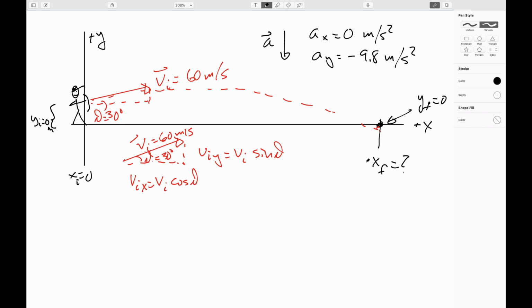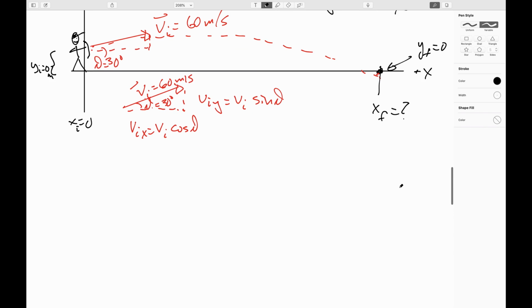So since we're asking for x final, it would probably be reasonable to just start our problem in the land of x and assume that that will take us there. It won't be quite good enough. But if we look at this, we can say, well, we know v initial x. Well, let's see. We don't know the time of flight. We weren't given the time of flight.